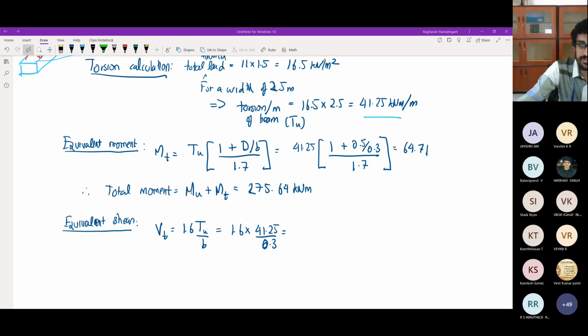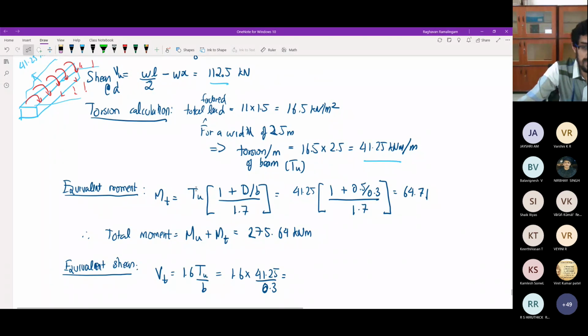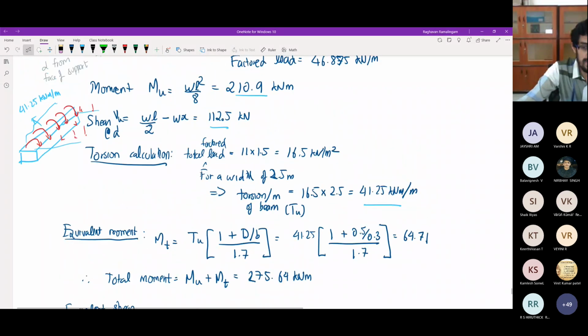Shouldn't the unit of torsion be kilonewton meter per meter square? Like 16.5 kilonewton per meter square into 2.5 meters. See, this 16.5 is multiplied by 2.5, which becomes per meter, no? And then you multiply that.